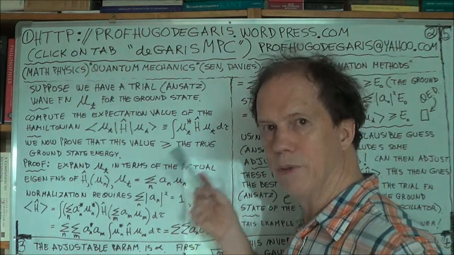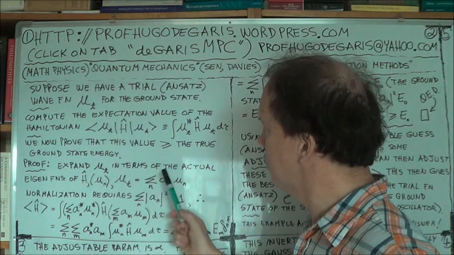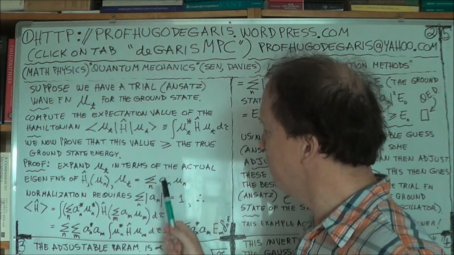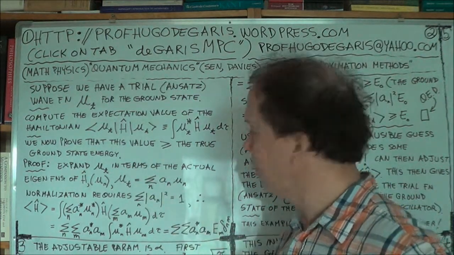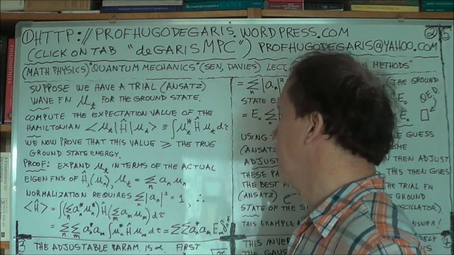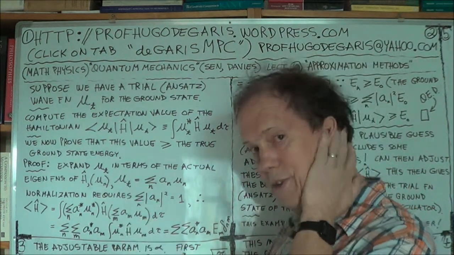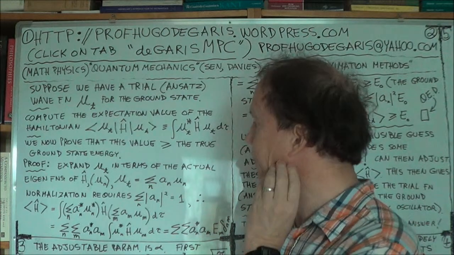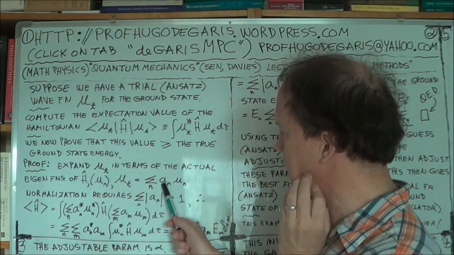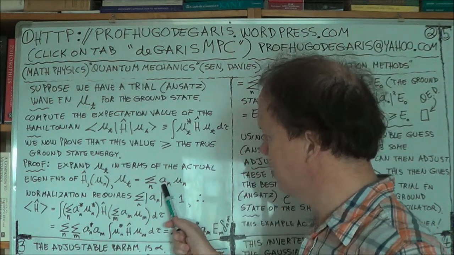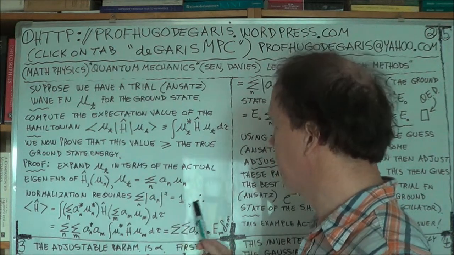Here's part of the creativity of the proof. Let's rewrite this in terms of a weighted sum of the eigenfunctions of this operator, of this form. We also assume that the Ansatz trial function is normalized, and that implies that the sum of the squares of these coefficients is 1. So sigma an squared is 1.